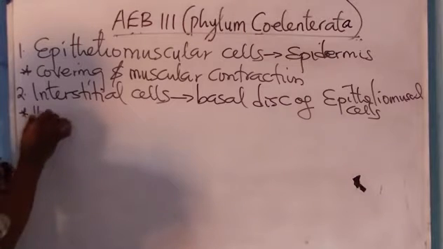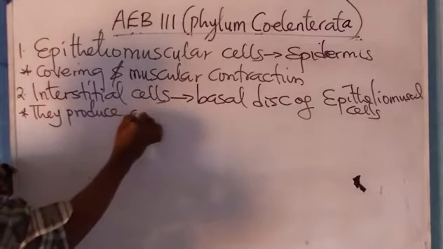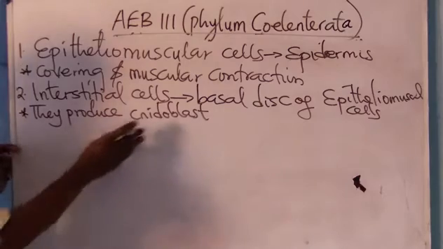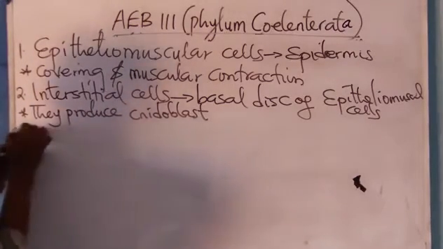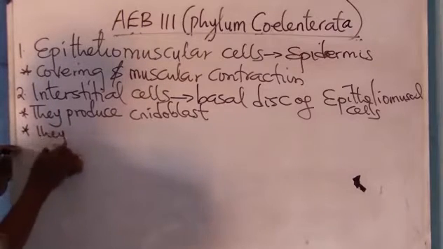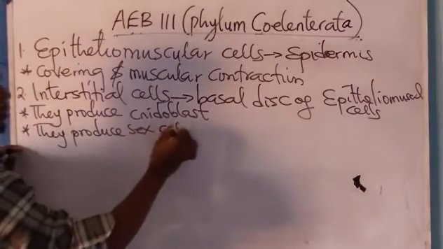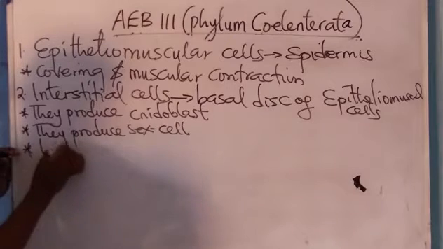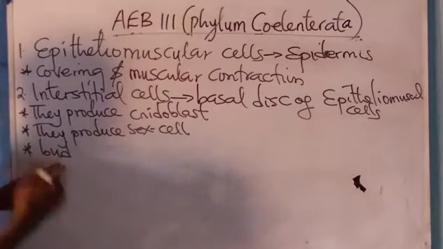One, they produce cnidoblasts, which produce the cnidocytes. They also produce sex cells. They produce buds, and it is the bud that produces a new organism.